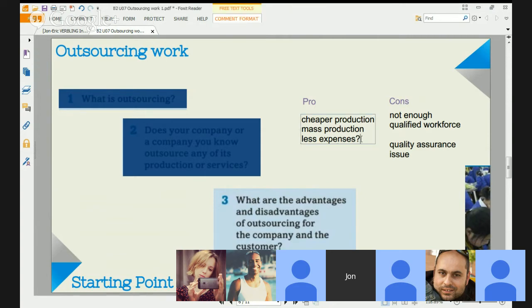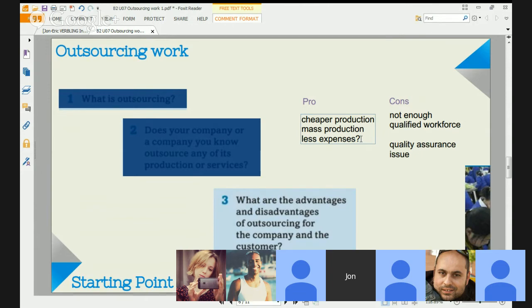Well, we talked about cheaper production, but when I think of expenses, I think of all those extra costs, shipping, logistics. So shipping cost, freight and logistic rates are included in expenses. Wouldn't it be more expensive to outsource because of the shipping?